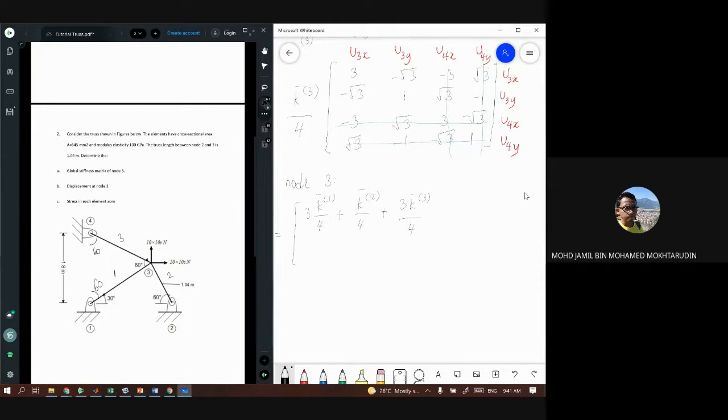And then you get this one minus square root 3 K bar 2. Similar. And then this one you get K1 bar over 4. Okay, sorry, this is over 4, plus 3 over 4 K bar 2 plus K bar 3 over 4.